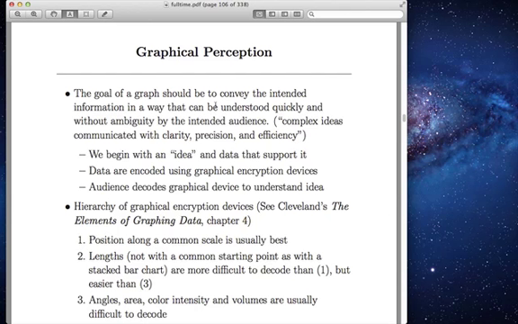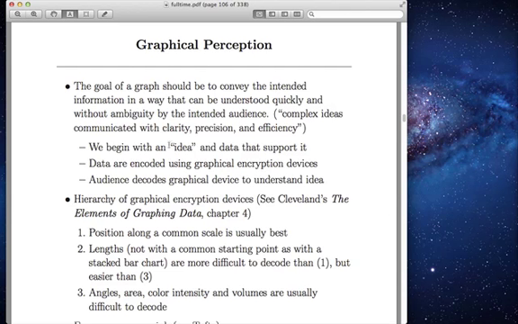So the goal of any graph should be to convey some intended information in a way that your audience can understand quickly and unambiguously. So remember, Tufte said something about complex ideas communicated with clarity, precision, and efficiency. So there's really a process that's taking place. We have some idea that we want to communicate.